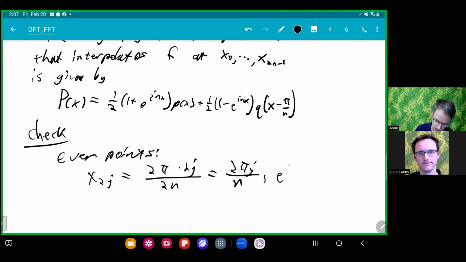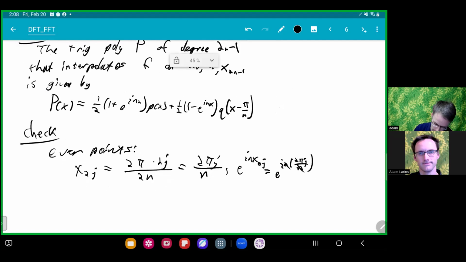So we have e to the i n x sub 2j. This is e to the i n times 2 pi j divided by little n, but the little n's cancel. And that means that we get e to the 2 pi i times j, but this now is just 1, because e to the 2 pi i is 1, right?